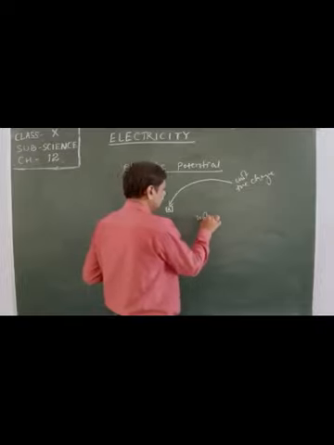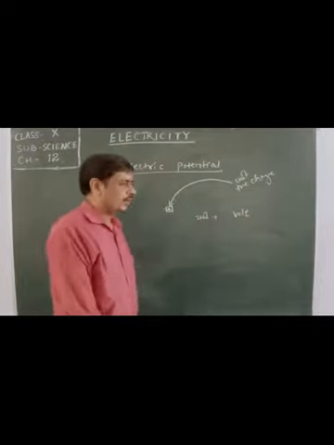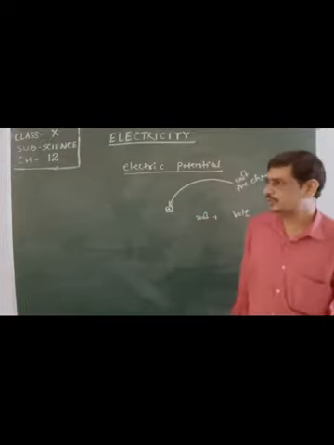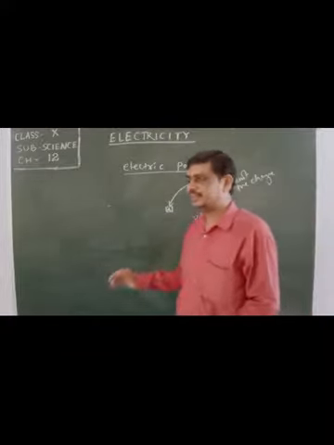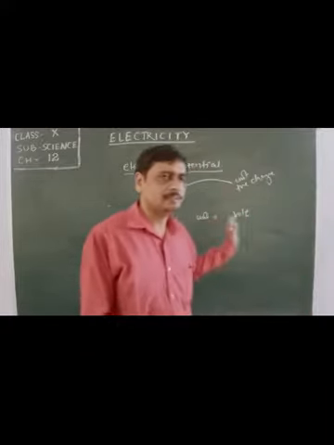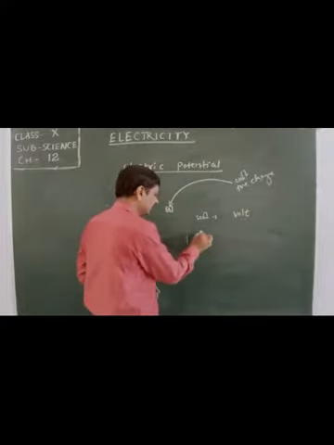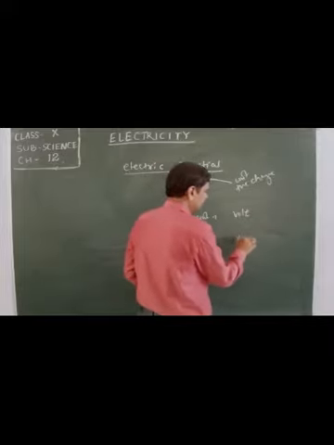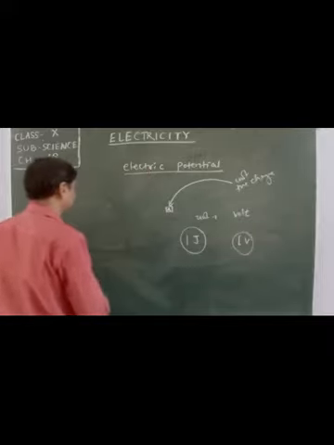Its unit is volt. 1 volt means if it needs 1 joule of work to move a unit positive charge from infinity to a given point, then the electric potential of that point is said to be 1 volt.